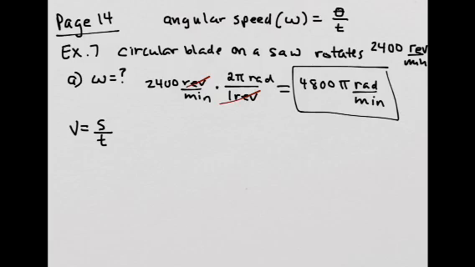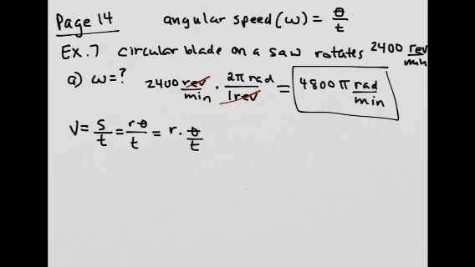Before I go over example 7b, let me help you make a connection between linear speed and angular speed. So this here that I have is linear speed, v equals s over t. But remember, from the arc length formula, s equals r theta. And so if I break it up like this, r times theta over t, it's still the same thing, I just set it up a little differently, but it has the same value.